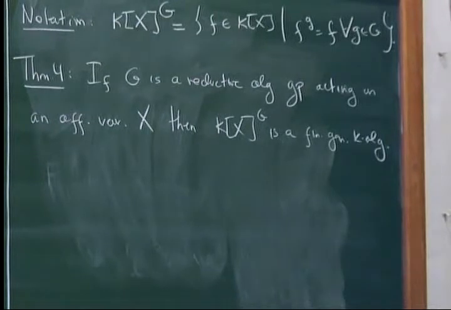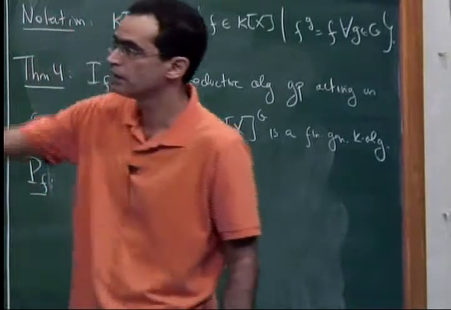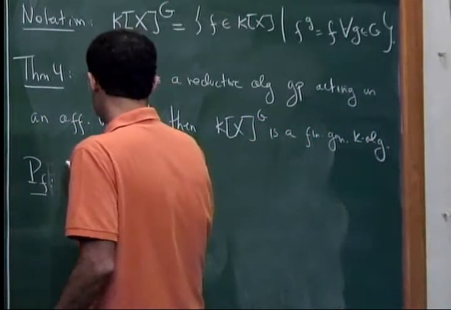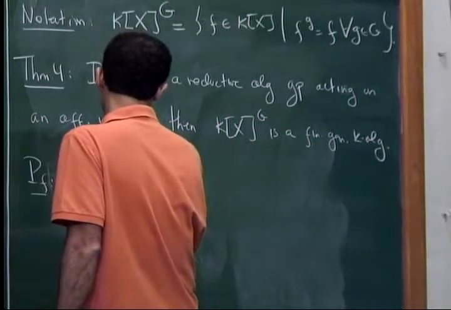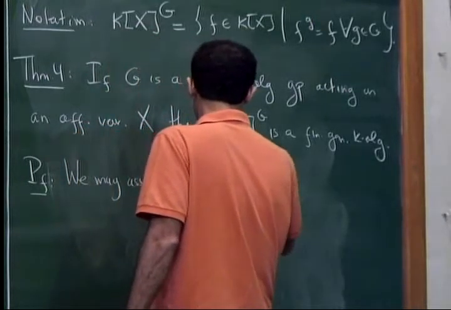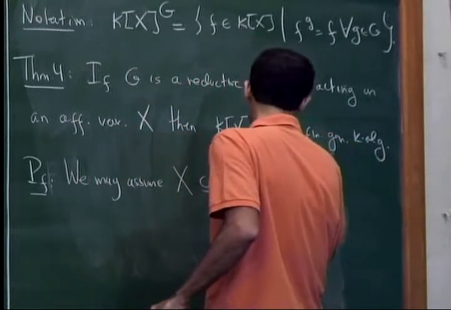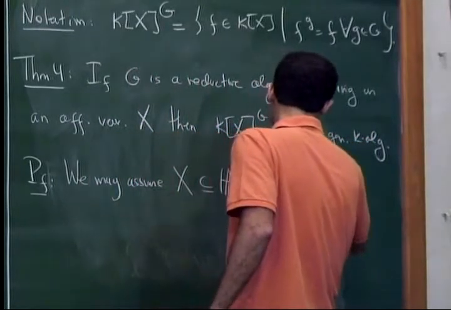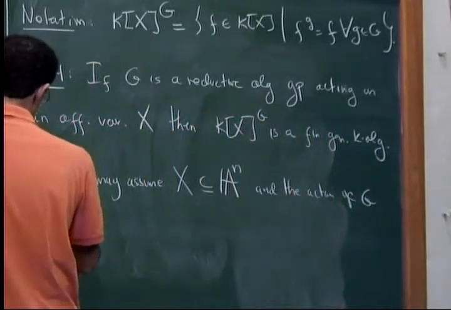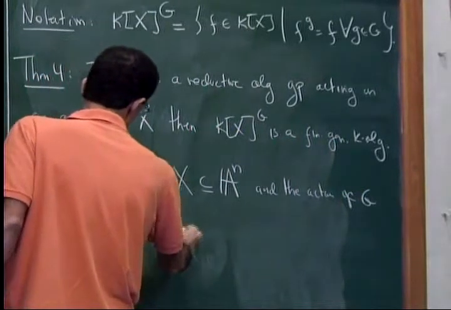And then the proof. So we're going to use that corollary. So we may assume X is inside some affine space, and the action of G lifts to a linear action on A^N.